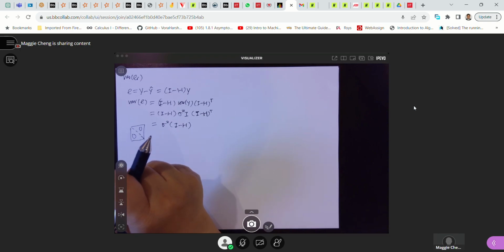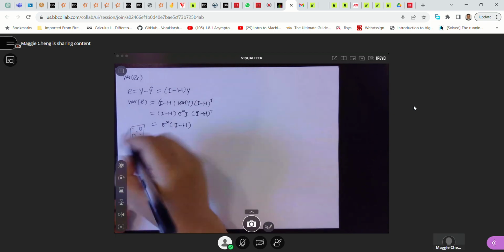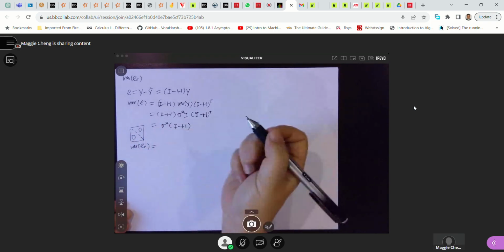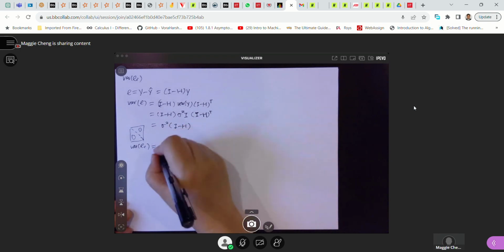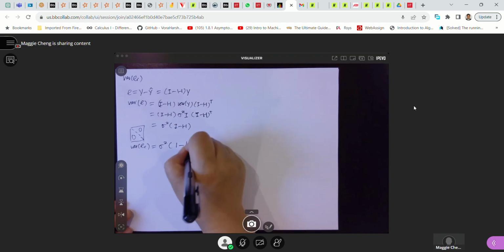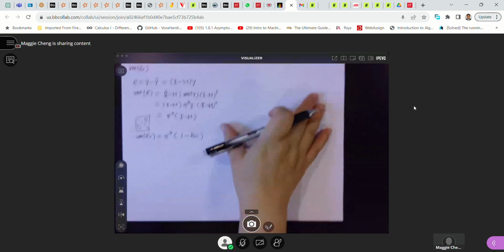So in this case, what is the variance of Ei? It will be just the diagonal position from here. So it will be sigma squared times 1 minus Hii. Hii is the diagonal position of H.